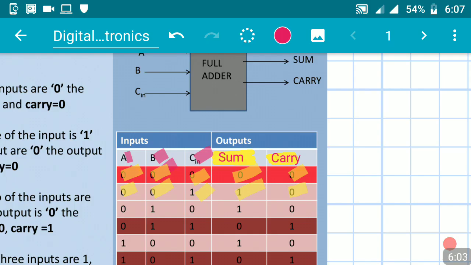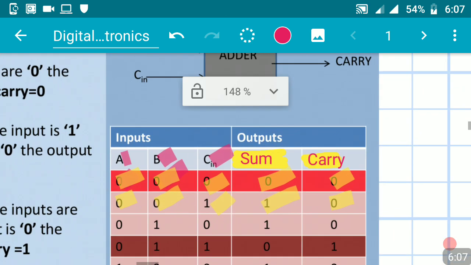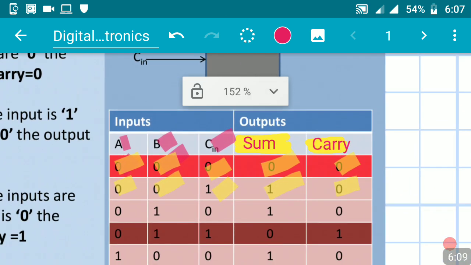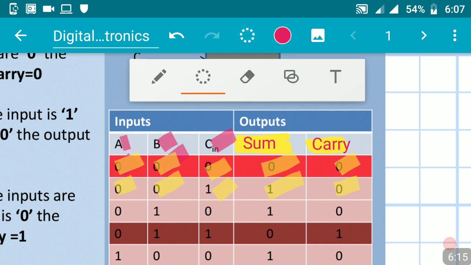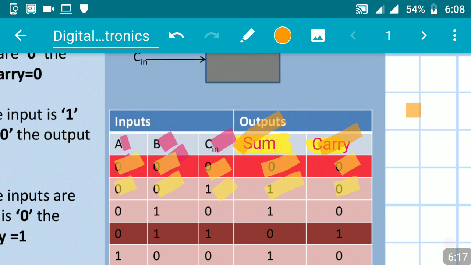I have interchanged the sum and carry. So this is your sum and this is your carry. So here you have A input as 0, B input as 0, and C input as 1. Sum is going to be 1 and carry is going to be 0.